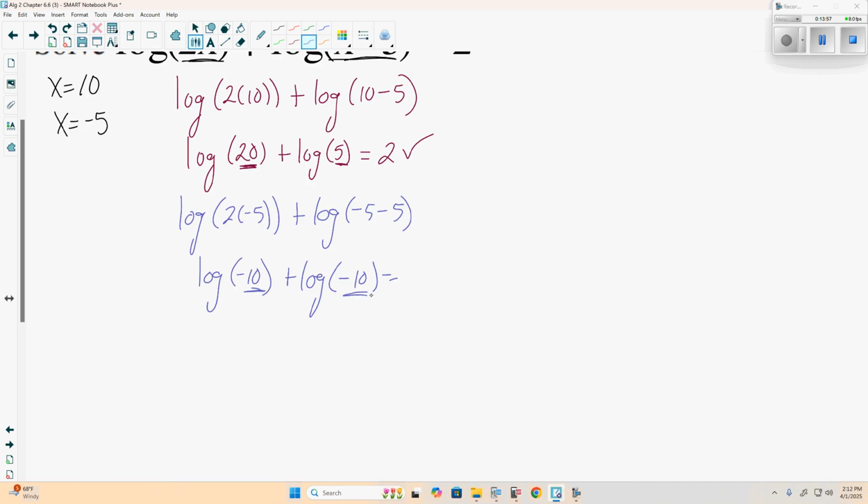In both cases, we ended up with a negative inside that log. We cannot take log of a negative number. So what that tells us is that the x equals negative 5 is not a solution. It's an extraneous solution. So the only actual solution that we have for this problem, first one, is x equals 10. We have to get rid of that other solution.